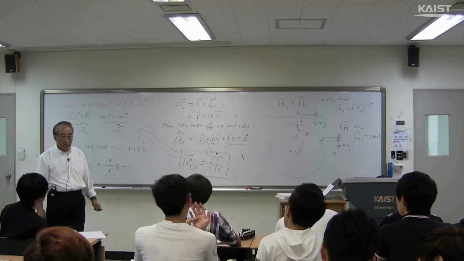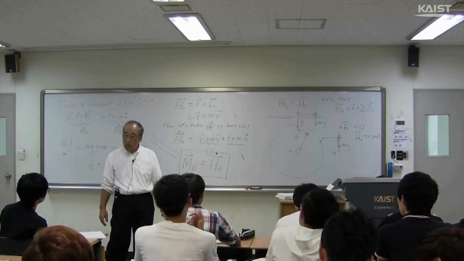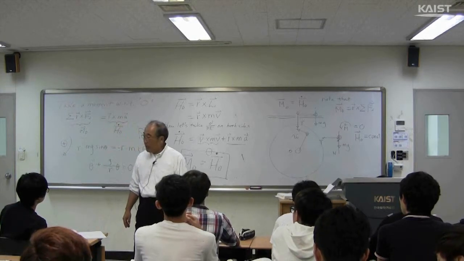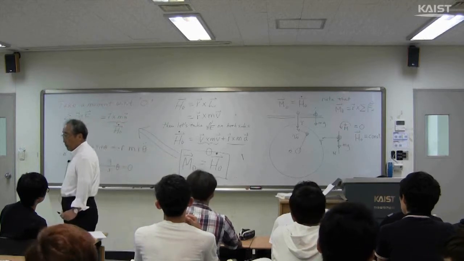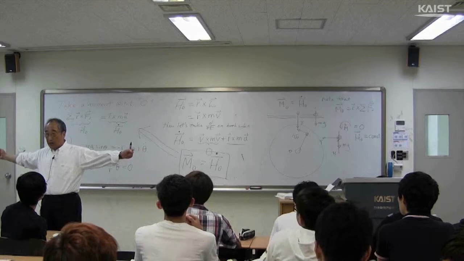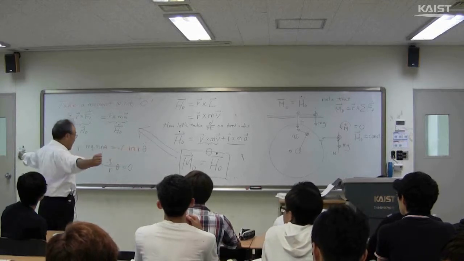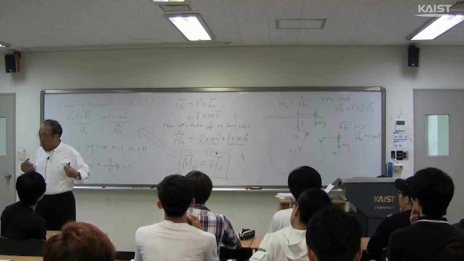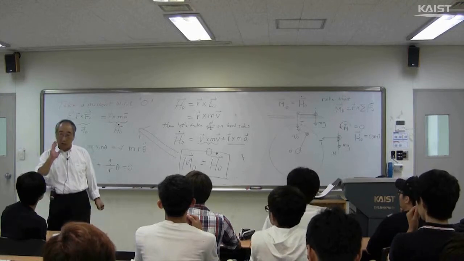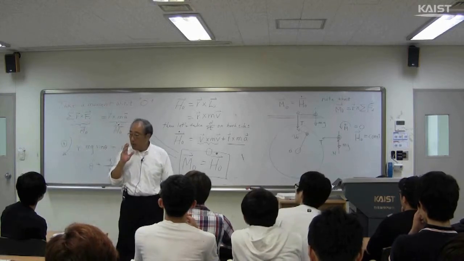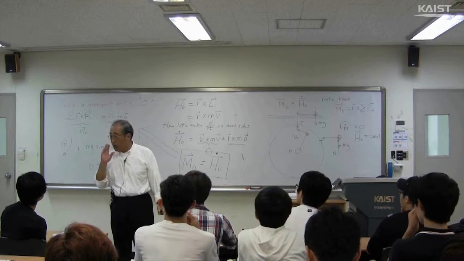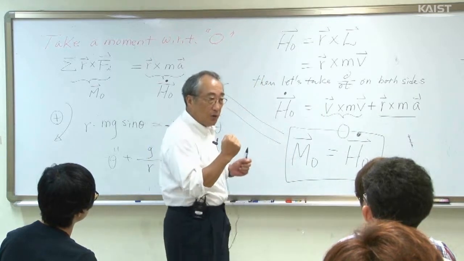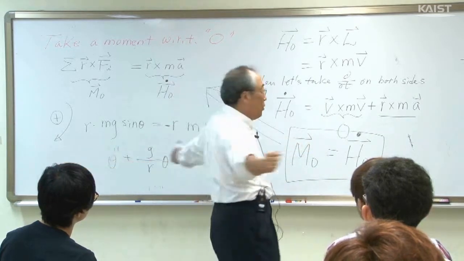Many athletes wisely use the conservation of angular momentum when they demonstrate very exciting performances. When they rotate at the initial speed like that, and then if they reduce the R, because angular momentum has to be conserved, the speed has to increase, therefore you will see very fast rotation with a small radius.